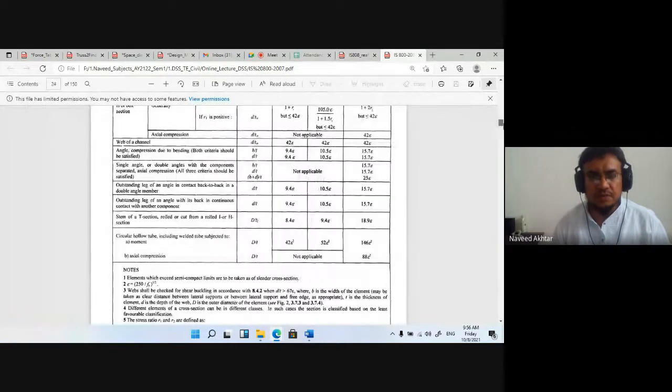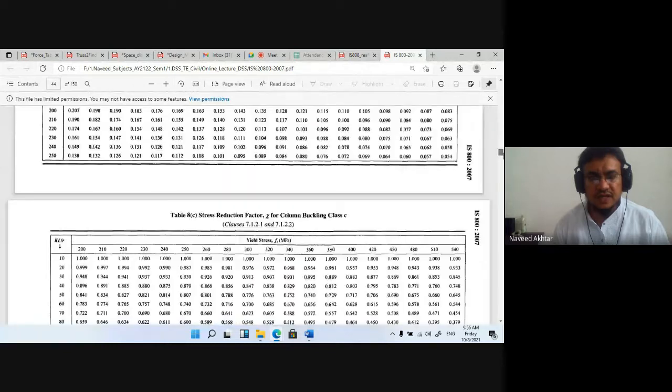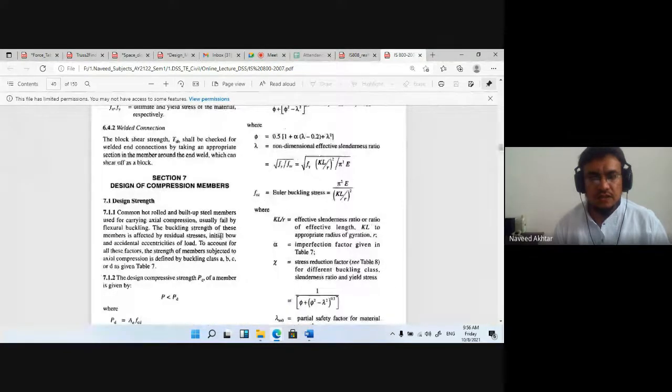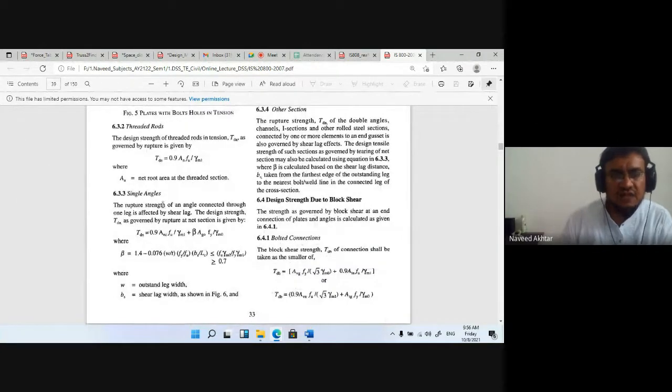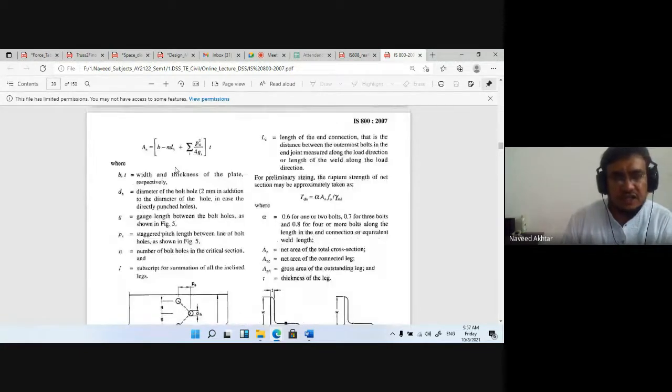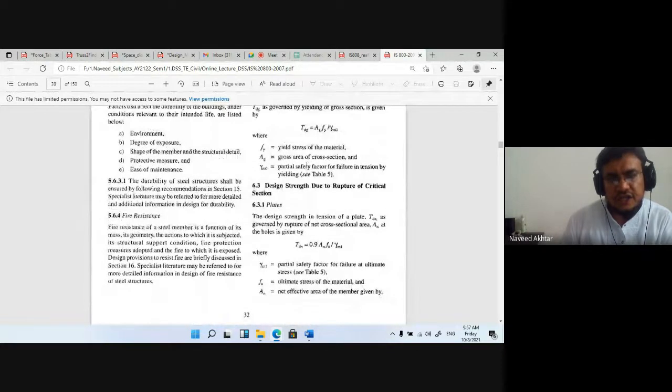Come to section number 6. You can see here TDN is alpha AN Fu upon gamma M1, and TDG is AG Fy upon gamma M0.